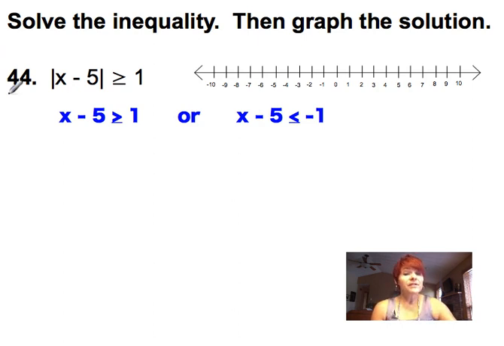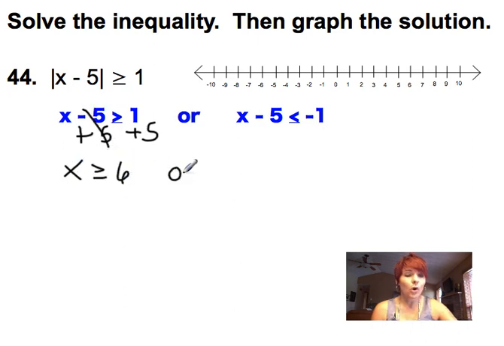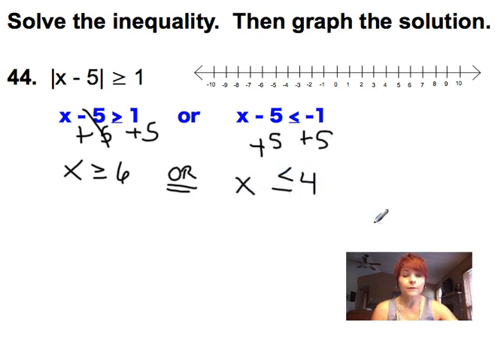Now, I'm going to solve these, and I just have to solve them both. So I'm going to add 5 to both sides, which leaves me with x is greater than or equal to 6. Or, really important, add 5 to both sides, and I end up with x is less than or equal to positive 4.